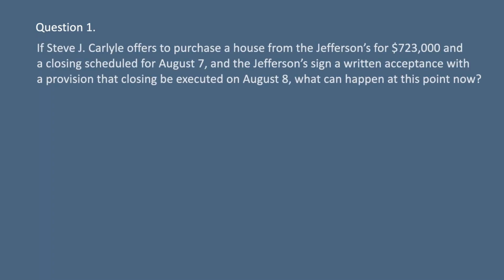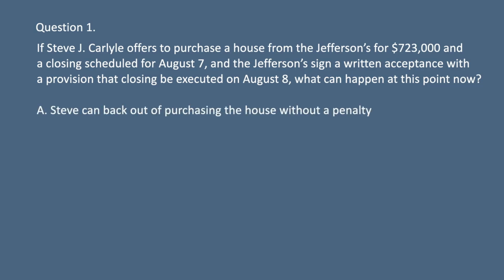Question 1. If Steve J. Carlisle offers to purchase a house from the Jeffersons for $723,000 and a closing scheduled for August 7, and the Jeffersons sign a written acceptance with a provision that closing be executed on August 8, what can happen at this point now? A. Steve can back out of purchasing the house without a penalty.